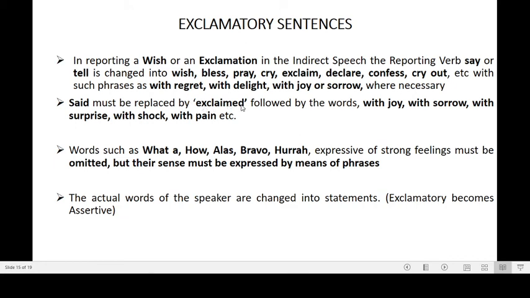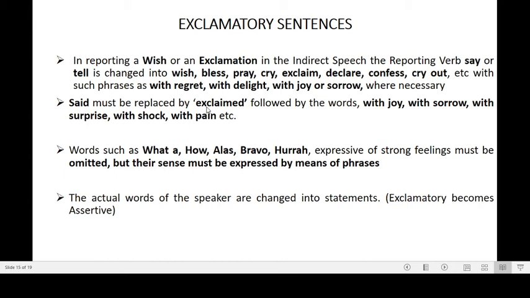Along with the word exclaimed we have to use words like with joy. If the sentence is expressing joy, we should say he exclaimed with joy. Or if the sentence is expressing sorrow, then we should use the reporting verb exclaimed along with sorrow, or with surprise, with shock or with pain, with joy or with delight, like that.